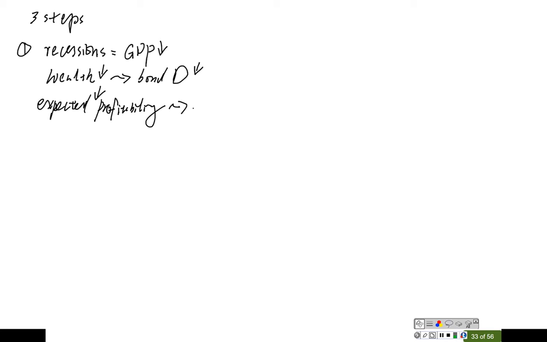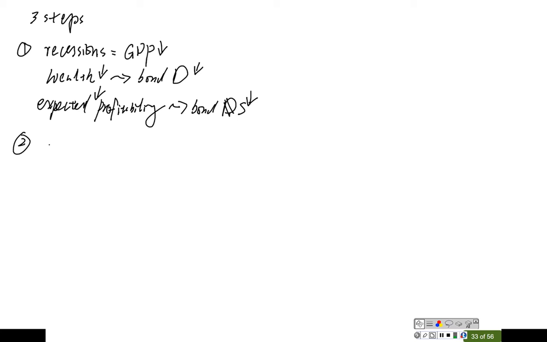As a result, firms will issue fewer bonds to borrow money. They are not going to carry out the projects. So bond supply actually goes down as well. So from step 1, we can see recession actually affects both the bond demand and the supply.